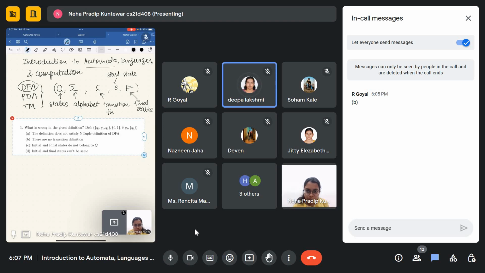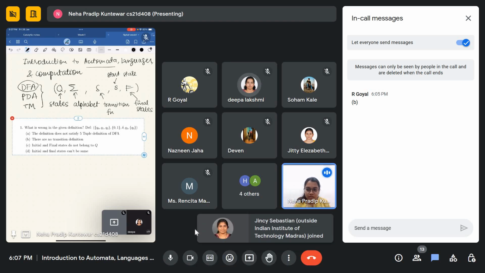Option C. Can you elaborate on that? The Q is defined as the set of states, so the final state should be in Q. Correct. Yeah, that is correct.